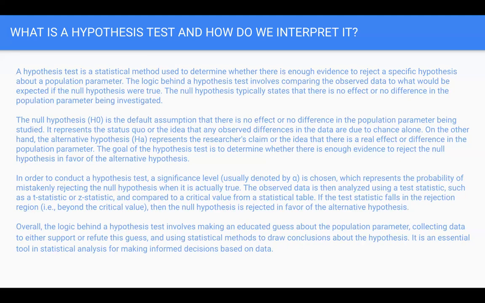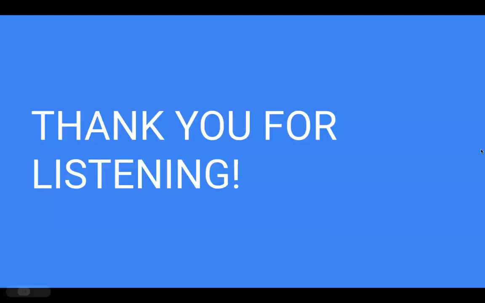It's an essential tool used in statistical analysis for making informed decisions, which we also did, and that's where I came up with the positive correlation back on our other page.